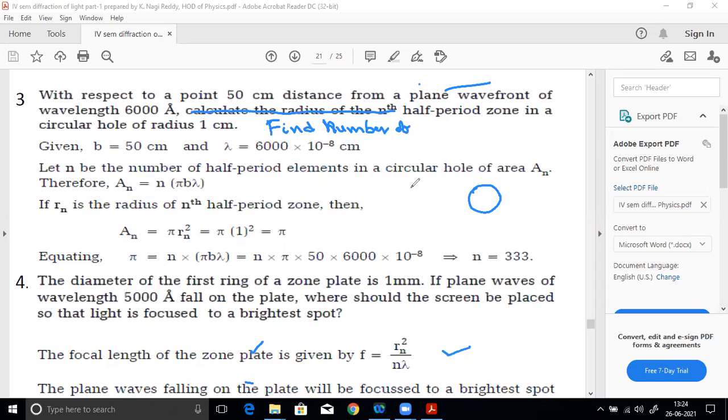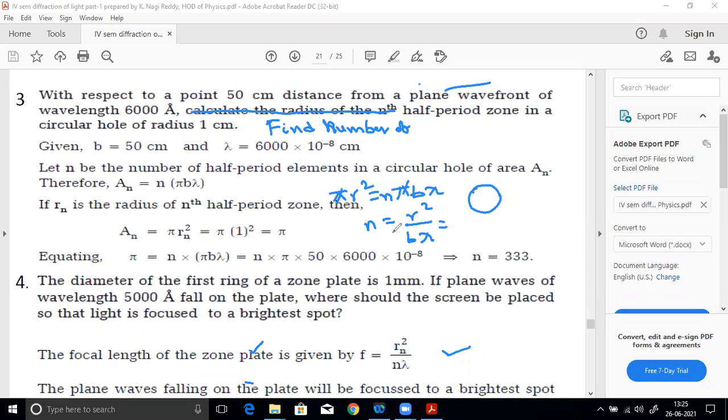Pi b lambda is the area of each half-period zone. If there are n half-period zones, then the area of the circle is pi r square. The pi gets cancelled. Therefore, n is equal to r square by b lambda.